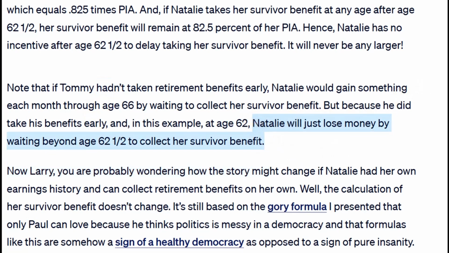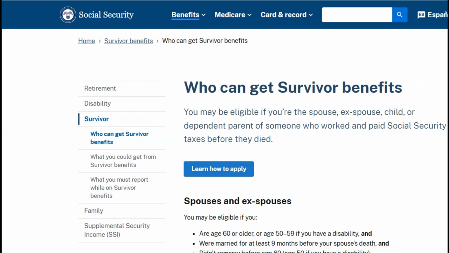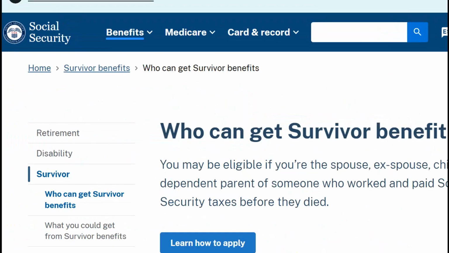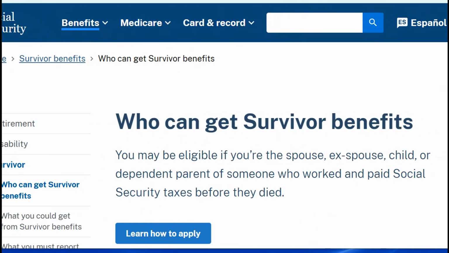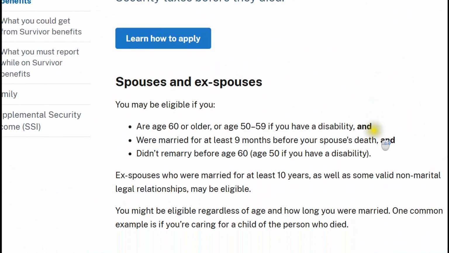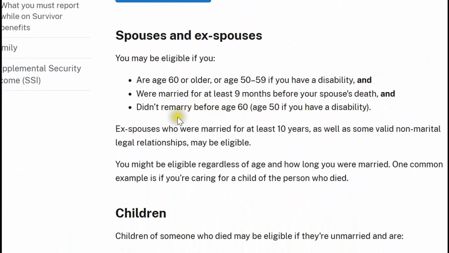All right, let's talk eligibility. If you're married at the time of death, the surviving spouse can typically get a survivor benefit if the marriage lasted at least 9 months, although there are some exceptions like accidental death. The survivor generally needs to be 60 or older, or 50 if disabled, and the survivor wouldn't remarry before age 60, and again, 50 if disabled.